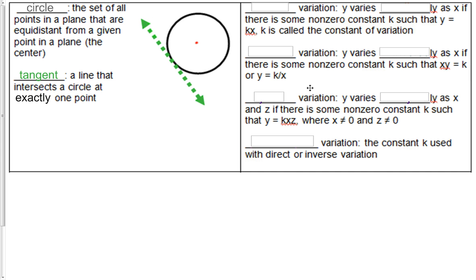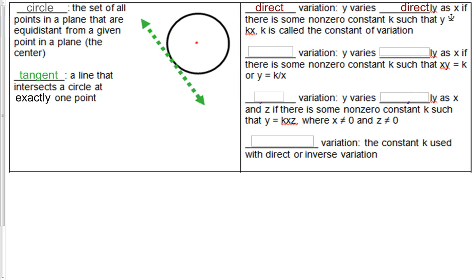Continuing on, we're going to look at different types of variation. First one is called direct variation. This means that y varies directly as x if there is some non-zero constant k such that y equals kx. And in this case, k is called the constant of variation. So y equals kx.